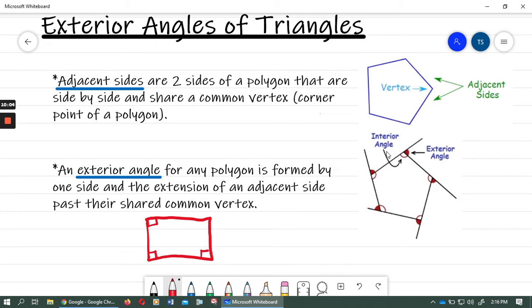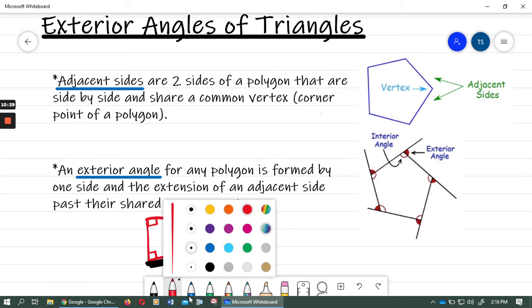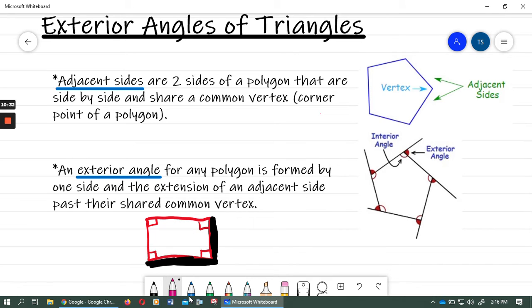If we were looking at one particular side of a rectangle, and then wanted to look at another side and extend that side out past their common vertex, well, where's their common vertex? Their common vertex for these two sides is right here.